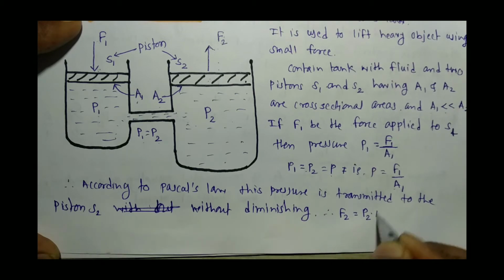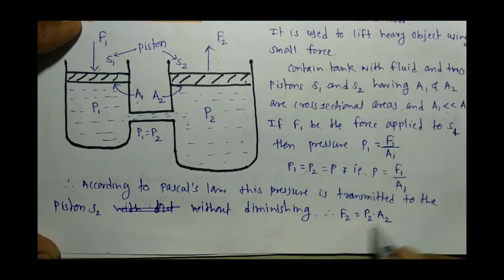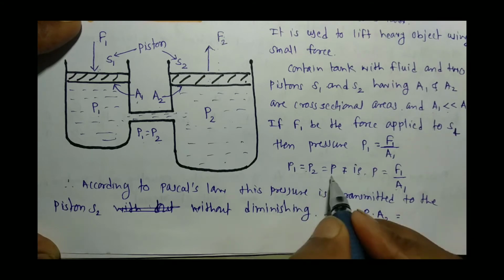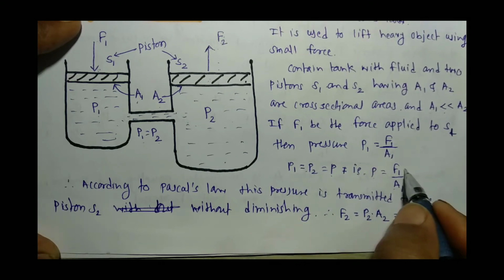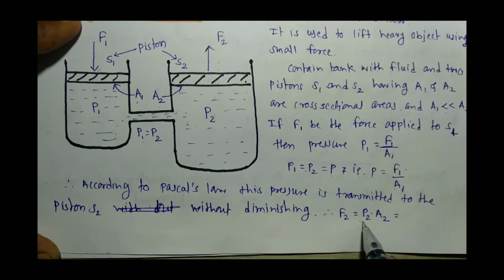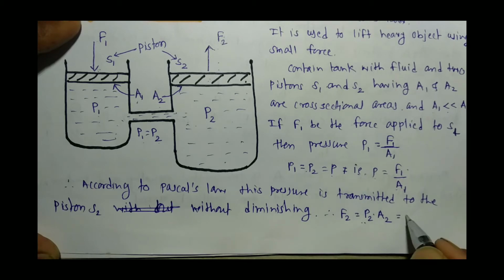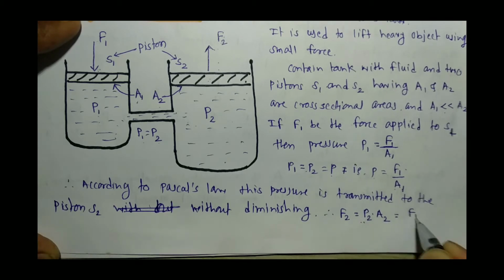P2 into A2, but P2 is equal to P1 is equal to P, that means F1 divided by A1, so F2 is equal to F1 divided by A1 into A2.